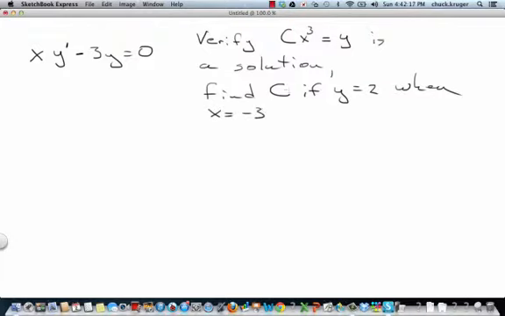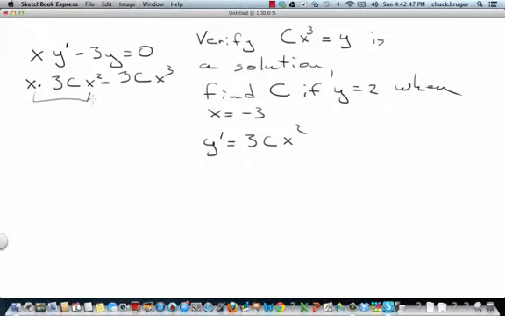First of all, I'm going to figure out the derivative of y, which is 3c x squared, and I'm going to plug that in. So I have x times 3c x squared minus 3 times c x cubed.